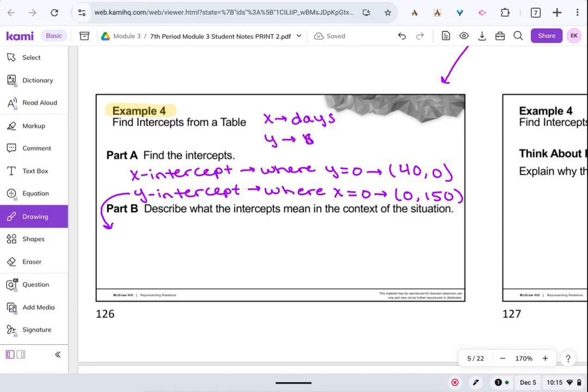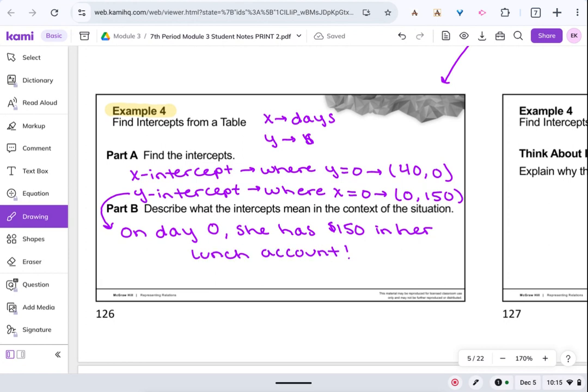So if I look at my y-intercept, it's 0, so that's on day 0. She has $150 in her lunch account, because that's what she's starting with.